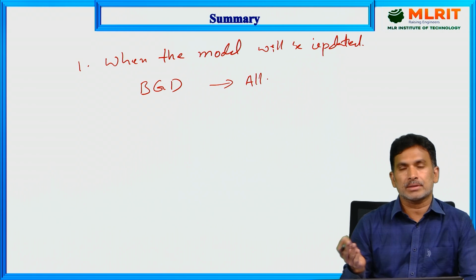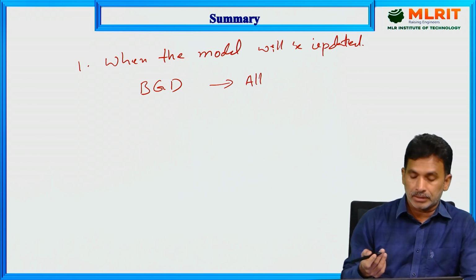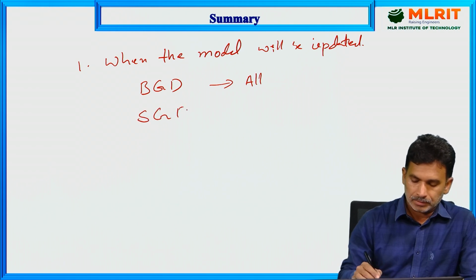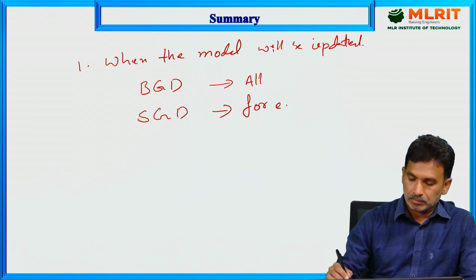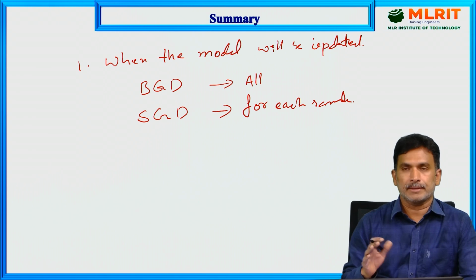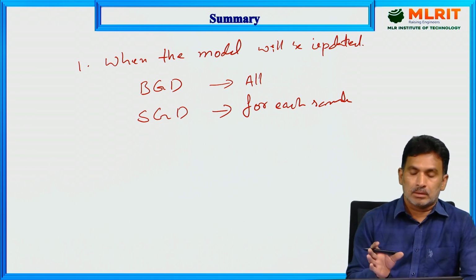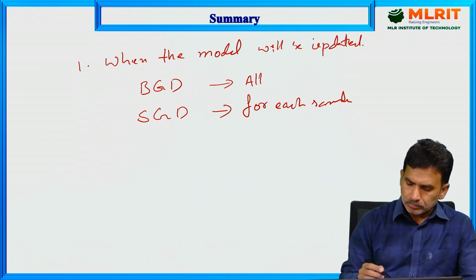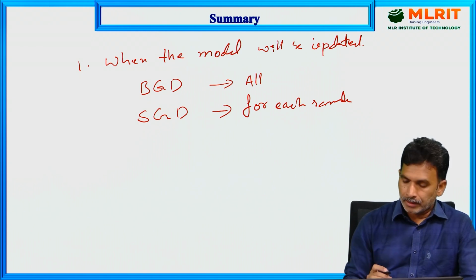To evaluate all the samples, we need to move all the samples into memory to process them. Whereas in stochastic gradient descent, the model is updated for each sample. It is memory efficient because only one sample at a time needs to be stored in memory, and it is mainly recommended for streaming, online analysis.